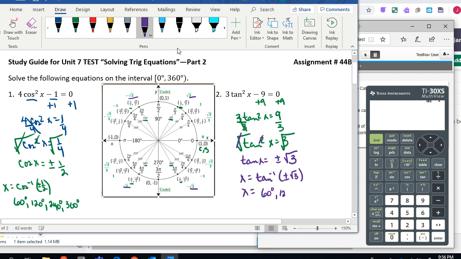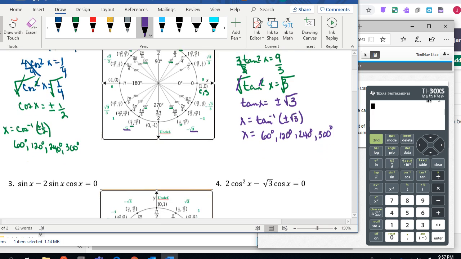It looks like all the same ones. Seriously? It sure is. 240 and 300. All right, moving on down the page.